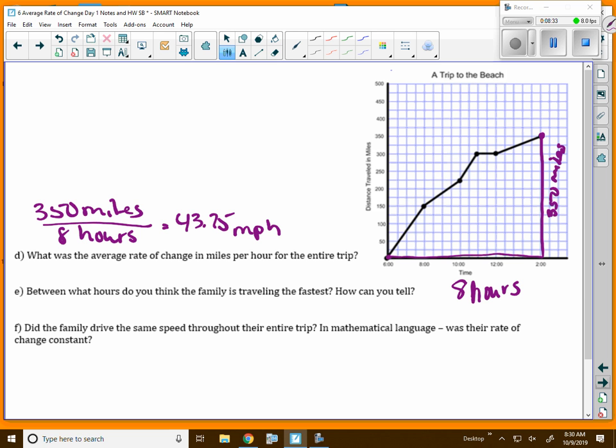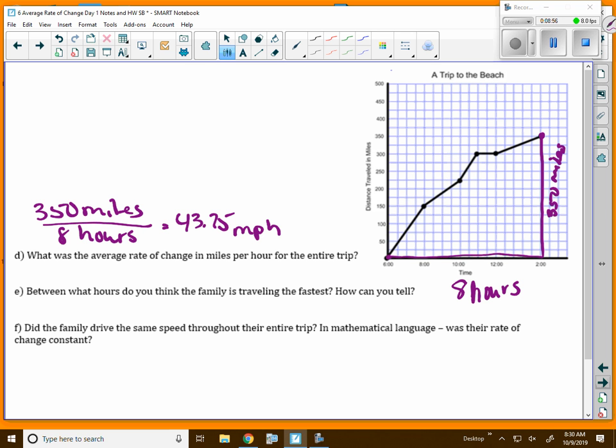Okay, so their average speed was 43 and 3/4 miles per hour. Now, sometimes they went faster, sometimes they went slower, like we found in A and B. But that's their average. Are you with me on average versus slope?